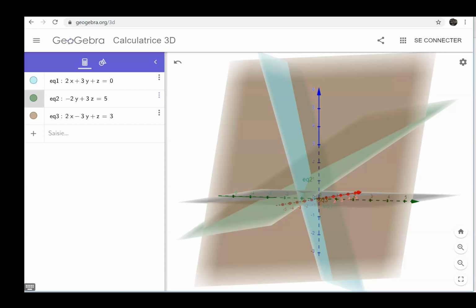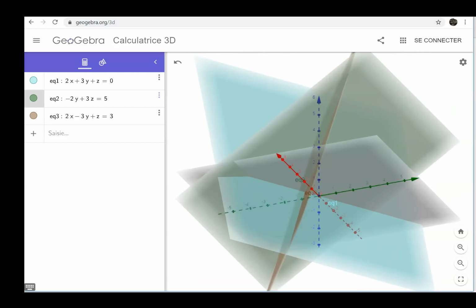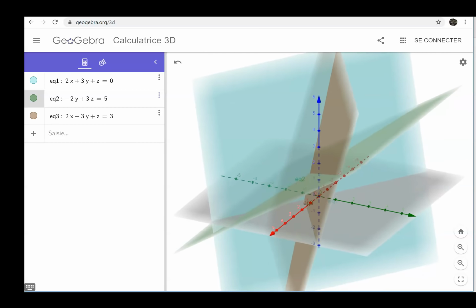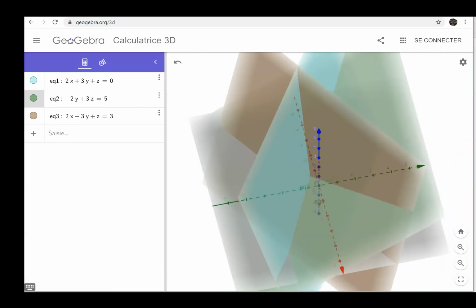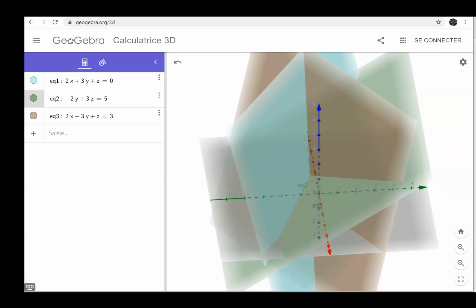Okay, so you have one solution in that case here. You see that point that is at the intersection of those three planes. So you really have a unique one. If I had given you some parallel planes, you already see that that would be a problem.